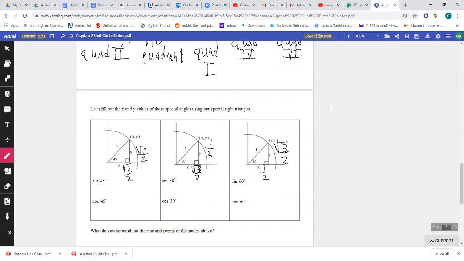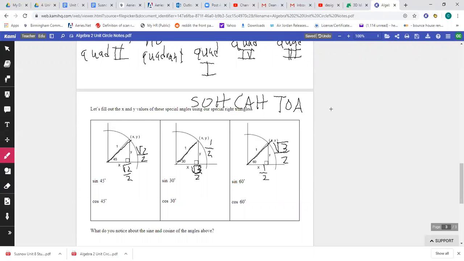Now, one of the things we also reviewed was, remember we did... now let's look what happens if we use Sohcahtoa here. If we were using the unit circle, remember the unit circle, the radius is always 1, right? That's why the hypotenuse for all of these was always 1.